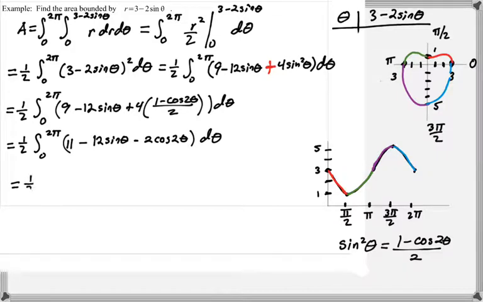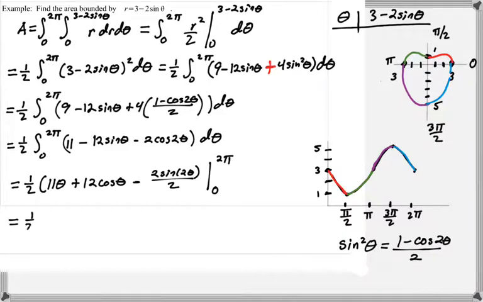So that's going to be 1/2 integral, we already integrated. 1/2 and then 11 theta plus 12 cosine of theta minus 2 sine of 2 theta all over 2, and then we're going to evaluate that from 0 to 2 pi.